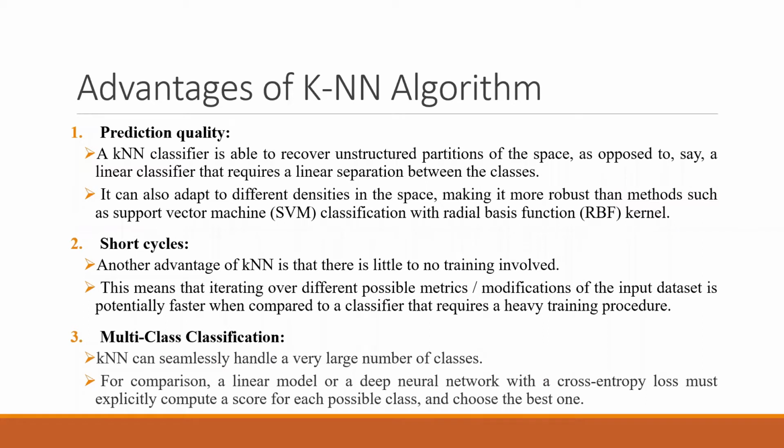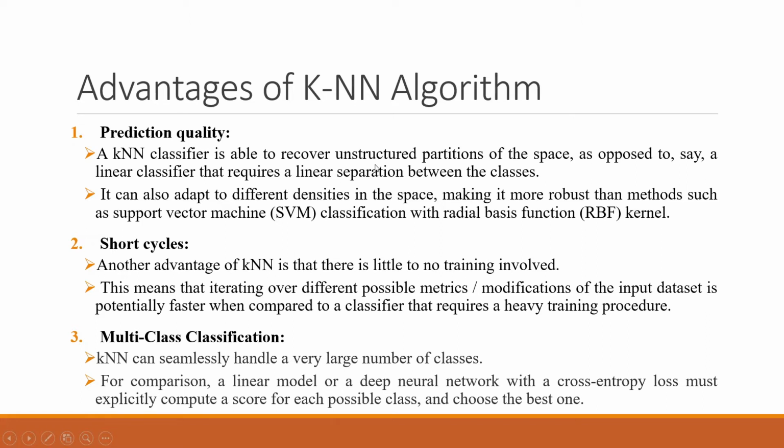So these are the advantages of KNN. We stopped at this. So the advantages of KNN, k nearest neighbor, is that the first advantage is the prediction quality. The prediction quality in KNN is generally good in a way that it can go through the data which generally would not have been handled by the other models.